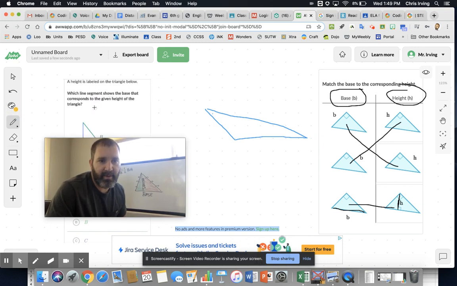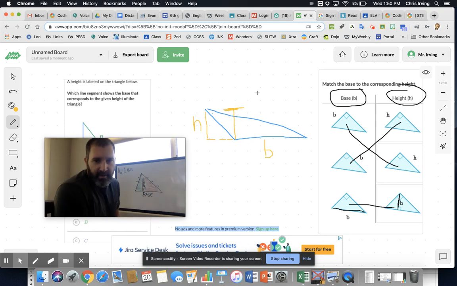I wanted yellow. This is still going to be the base, but there's no way this line right here is the height, and there's no way that this line right here is the height. What we have to do is extend the triangle and represent the height right here. Because again, I can't do it here, but imagine taking your base and drawing a line straight up. There's your height. Okay. All right.